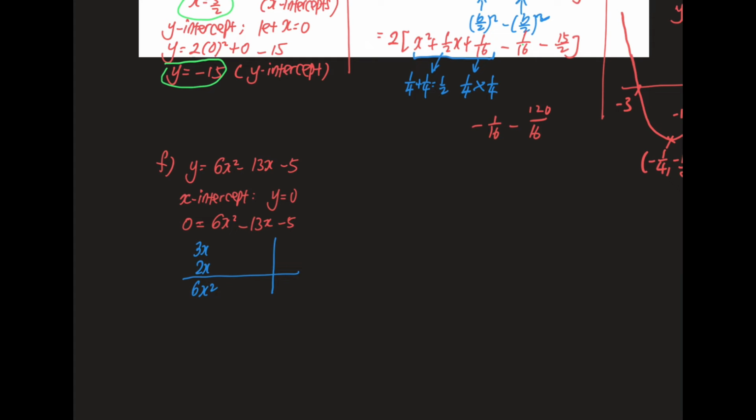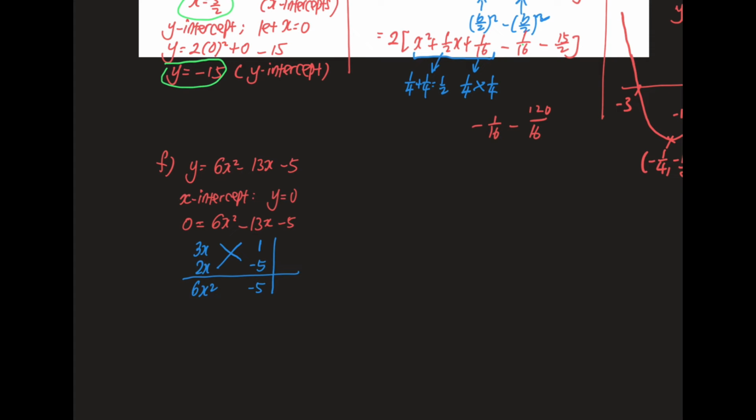I'm going to put them in this particular way. When I cross multiply, 5 times negative 1 gives negative 5, so that's why I write it down here. And when I cross the product and add them up, make sure you get negative 13.